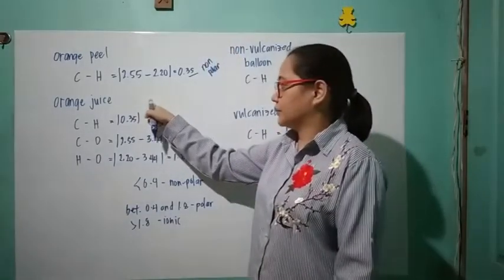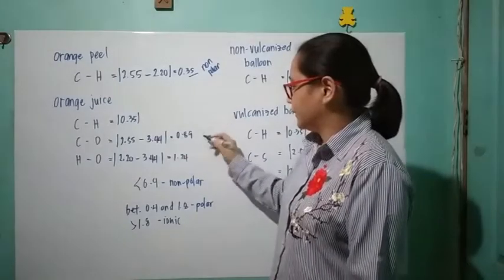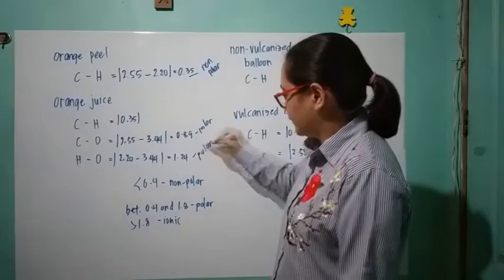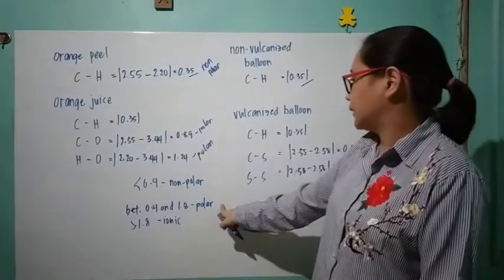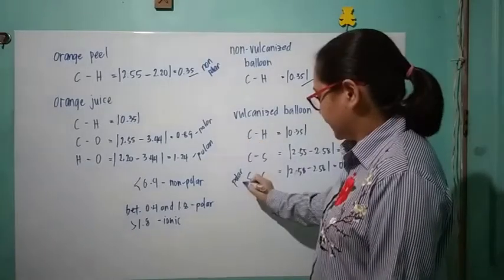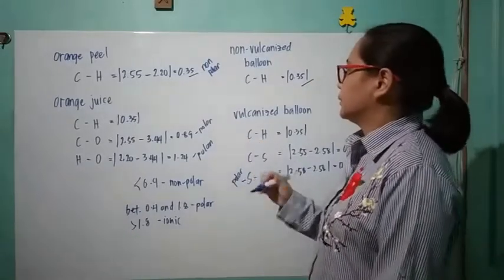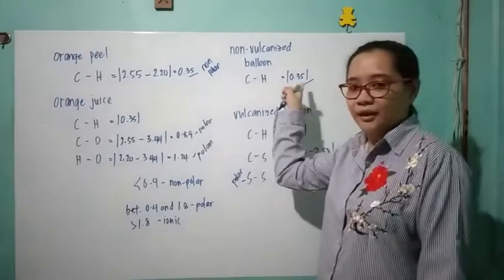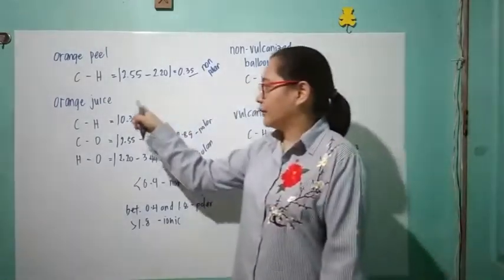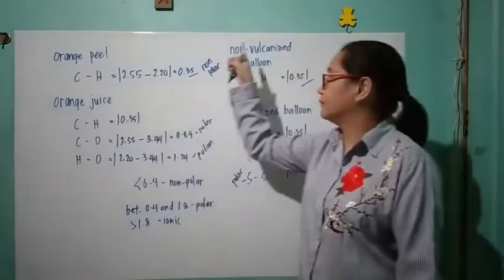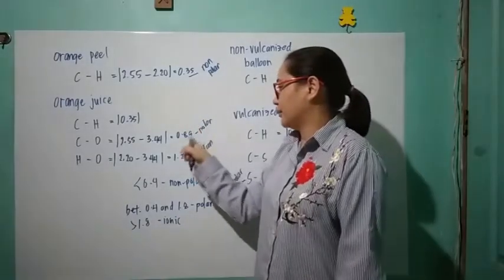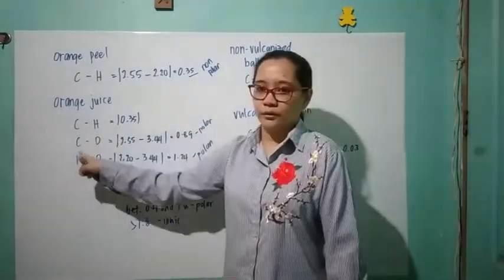While orange juice has a polar bond, this is polar and this is polar because of this statement. And this also has a polar bond. So nonpolar to nonpolar will dissolve each other. While orange juice will not dissolve non-vulcanized balloon because it has a polar bond of carbon to oxygen.